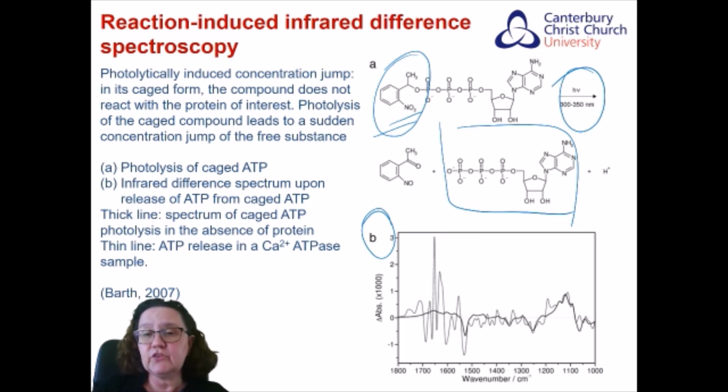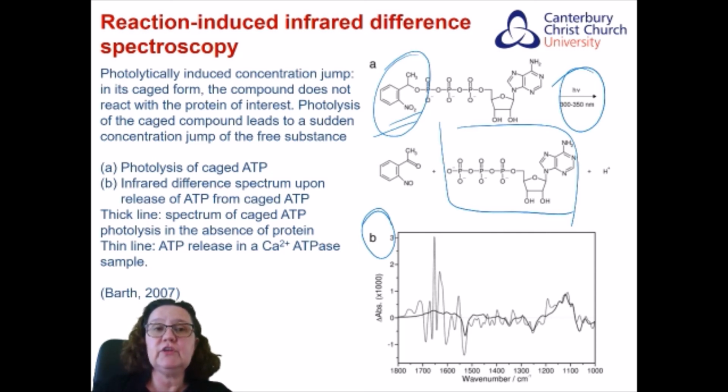So again, as you can see, the two spectra are very different, and you are able to identify in different areas of the spectrum where that ATP might have attached to the protein and in what quantities.